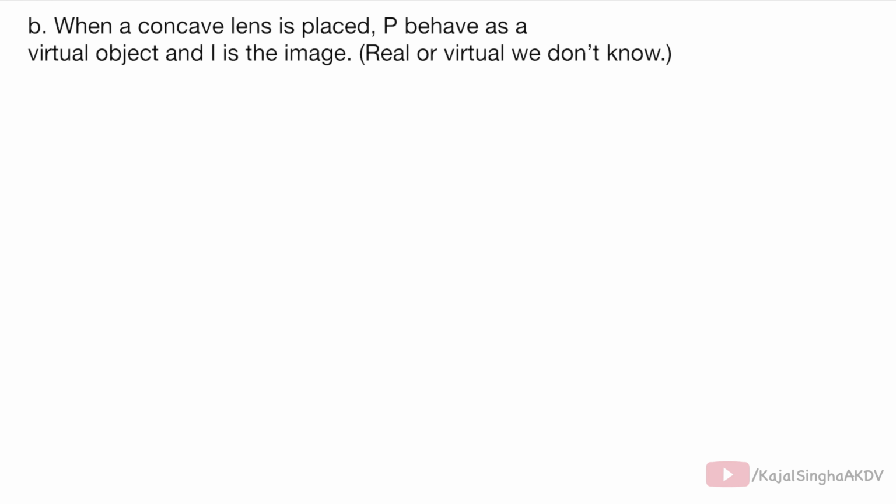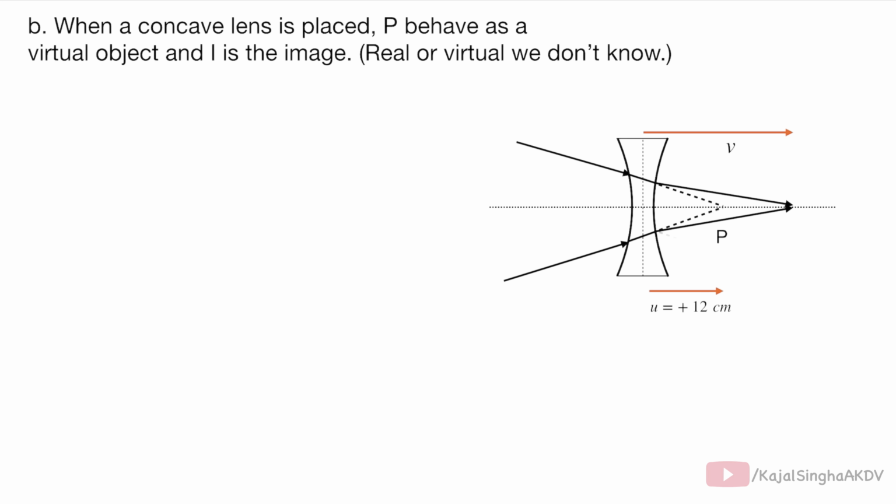When a concave lens is placed, P behaves as a virtual object and I is the image. We do not know whether the image is real or virtual. We have to calculate v, and after calculating v we can say whether the image is virtual or real.